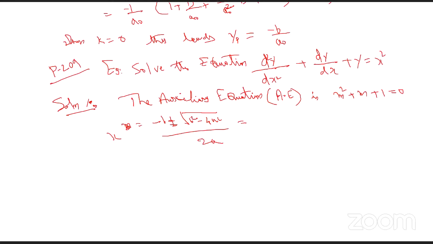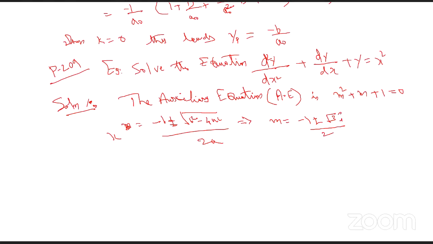Here x means m. Using this formula, the roots are m equals minus 1 plus or minus root 3 i, whole divided by 2.